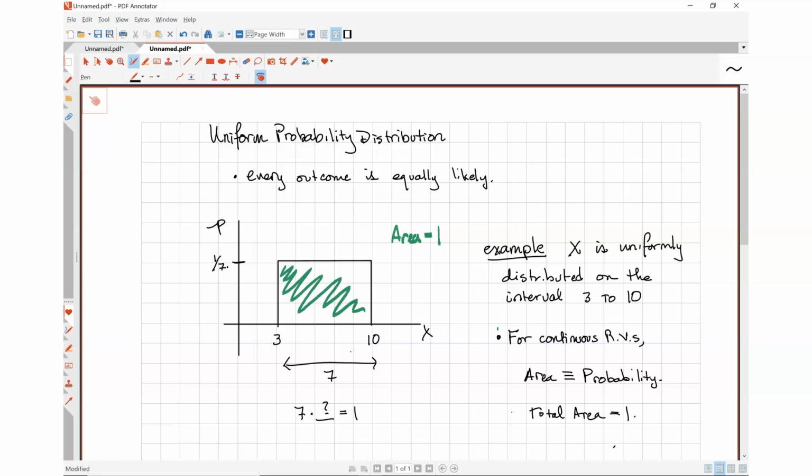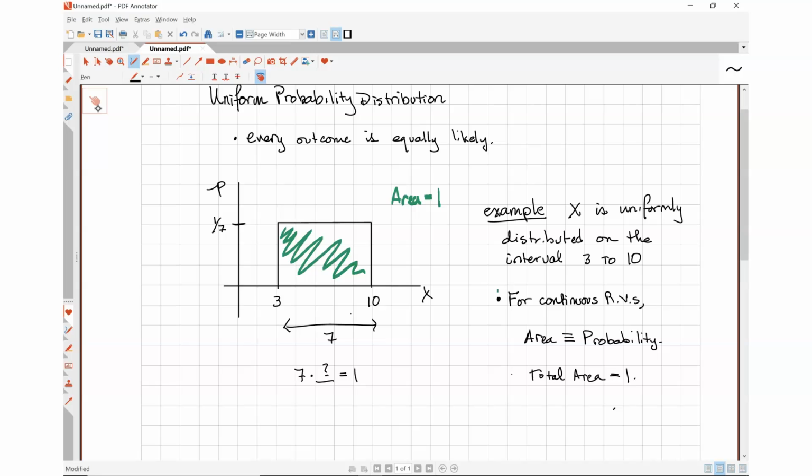And once we know that, then we can figure out all kinds of stuff about this random variable x. So let's look at a couple of examples. Let's see if we can find the probability that x is between 5 and 7. Well, to do that, we're going to locate 5 and 7 on this graph. So 3, 4, 5, 6, 7. And area is probability in the case of continuous random variables.